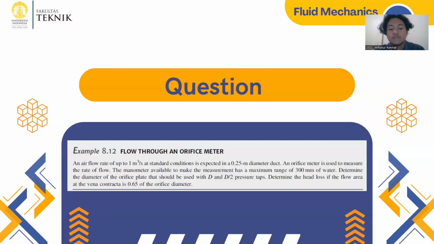The manometer available has a maximum range of 300 millimeters of water. Determine the diameter of the orifice plate that should be used with D and D/2 pressure taps. Determine the head loss if the flow area at the vena contracta is 0.65 of the orifice diameter.